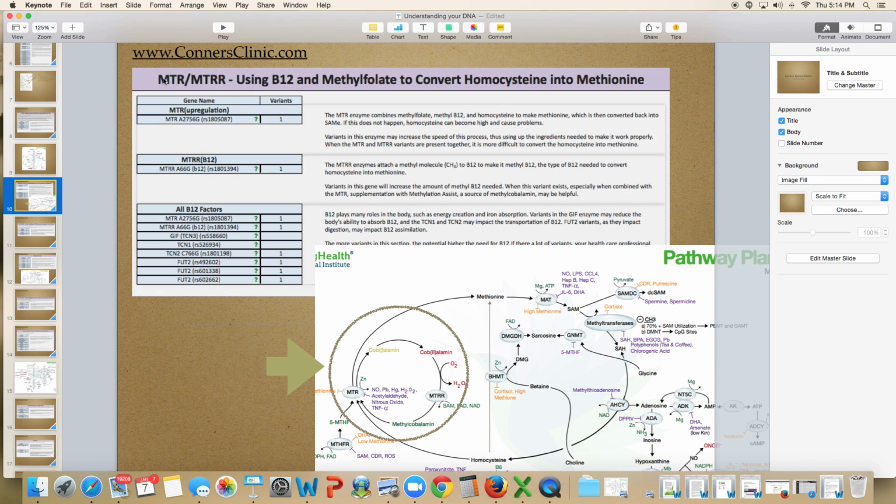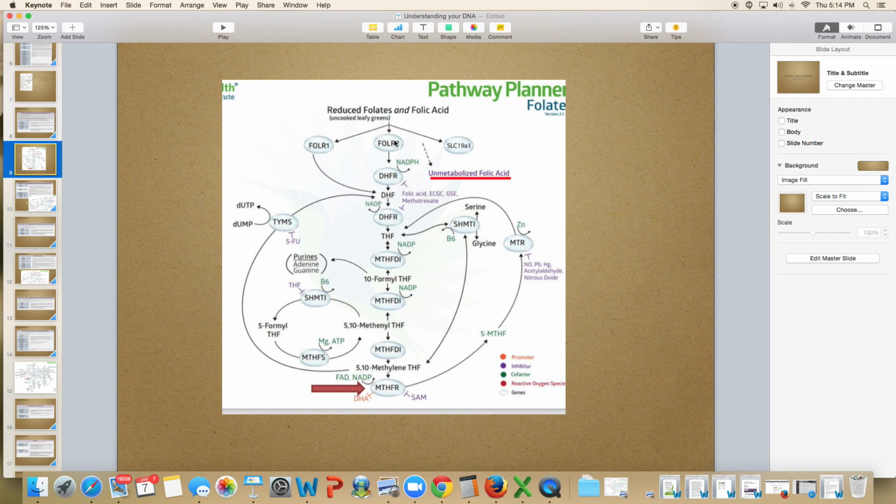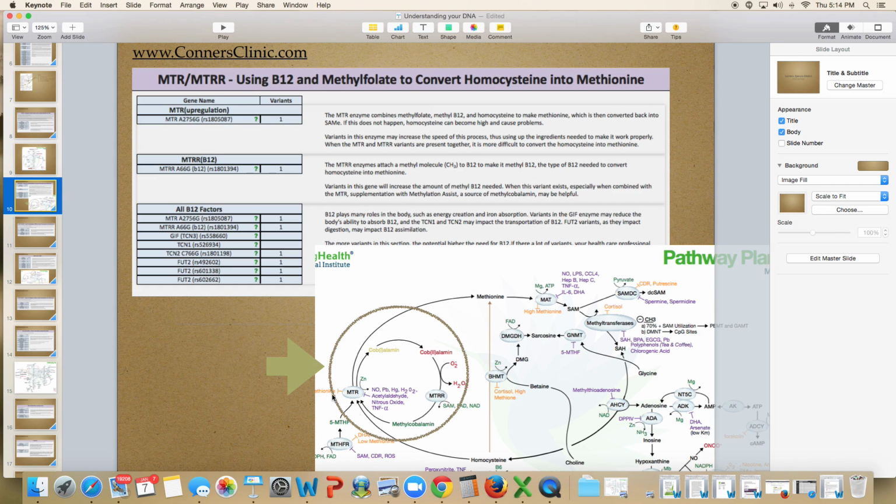Next, all right, so now we're looking at the MTR, MTRR pathway, the way you recycle B12. So this MTR right there came from right here. Folate in your food, you reduce it to methyl tetrahydrofolate. It goes back to feed this pathway. It goes on to the biopterin pathway. Feeding in right there to the methionine pathway, another life purpose you have that you didn't know about, to make SAM.